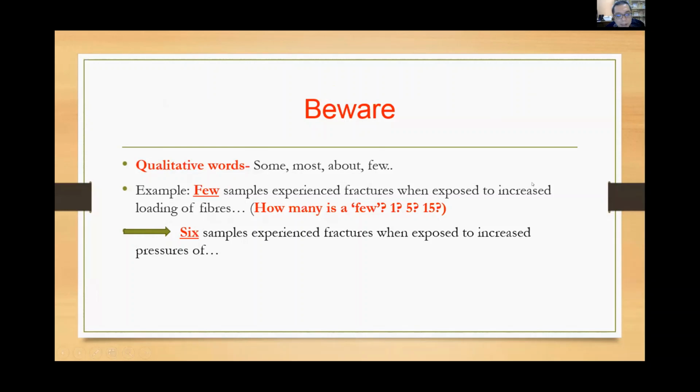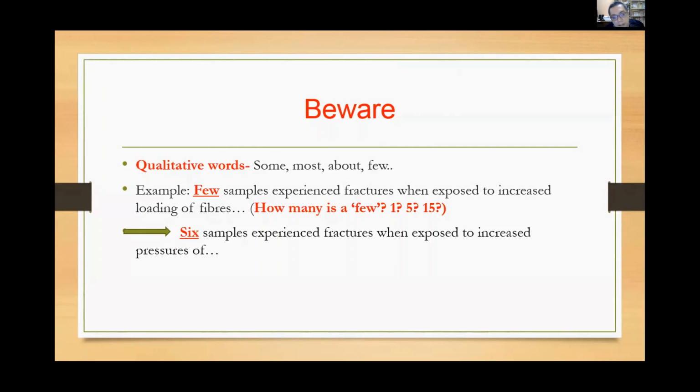Something you need to beware of is qualitative words like some, most, about, few. These are very puzzling or abstract words. They don't indicate exactly what you mean. For example, "few samples experience fracture when exposed to increased loading."